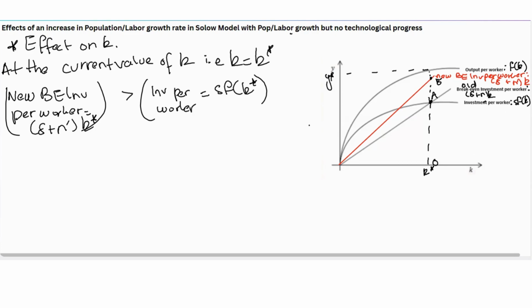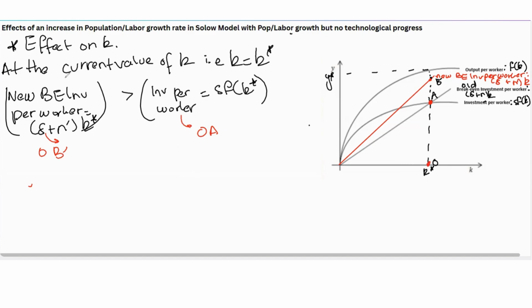If you look at it in terms of heights, the new break-even investment per worker is just OB prime, this much distance from here to here at k equal to k star. Our investment per worker is just this much distance, OA.